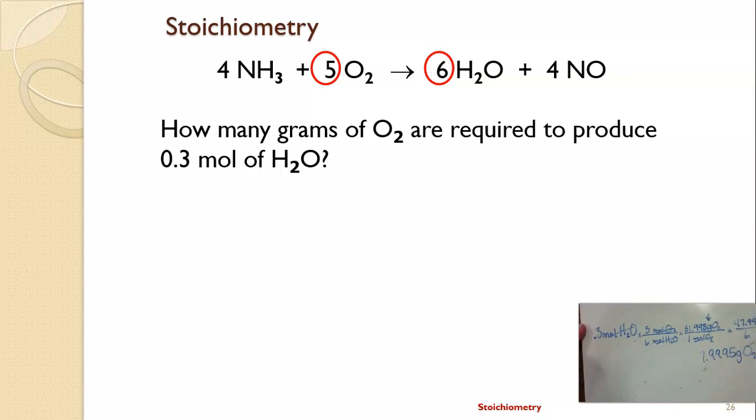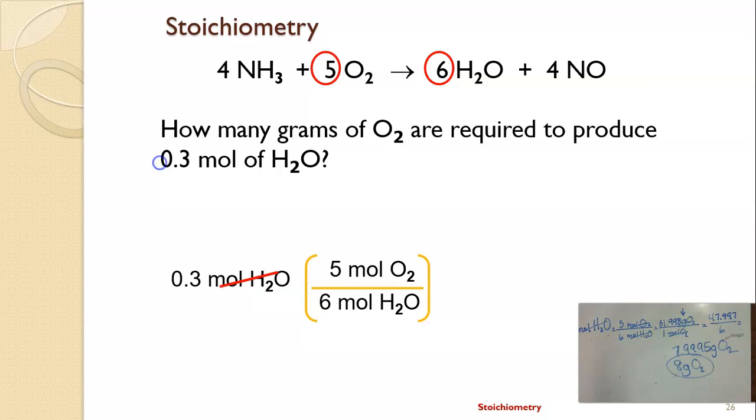Okay, oh yeah, we're going to sig fig this thing. I can only have 1 sig fig in my final answer because there's 1 sig fig right here. 0.3, that's 1 sig fig. So what am I going to round that to? I'm going to round it to 8 grams of oxygen. That's my final answer.